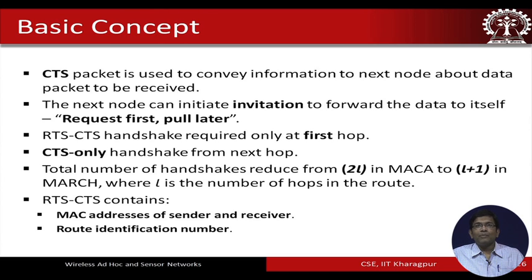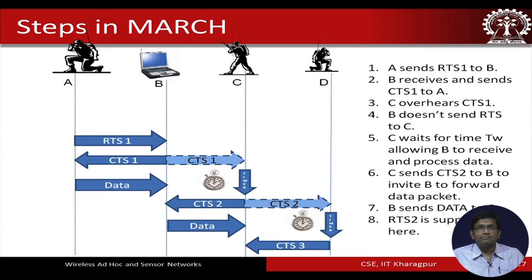So, this is an improvement. MARCH improves over MACA in terms of reduction in the total number of handshakes required. MACA required 2L handshakes, whereas MARCH requires only L plus 1, and obviously MARCH basically reduces the number of handshakes that are required. RTS CTS basically contains the MAC addresses of the sender and the receiver and the route identification number.